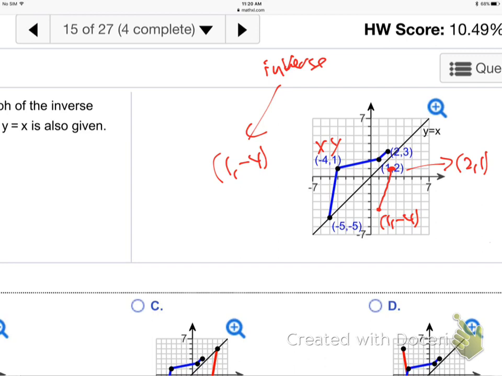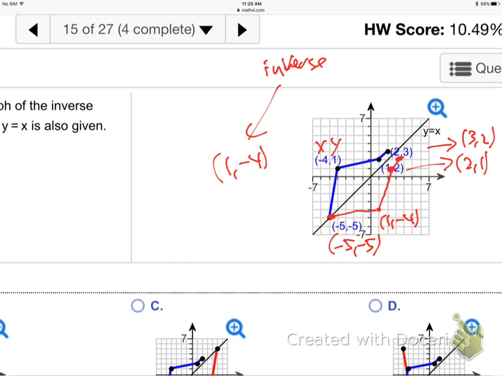See what's happening? Let's take (2, 3), and inverse, it'd be (3, 2). That'd be over 3, up 2. It's right there. See what's happening to the graph? And finally, when you take (-5, -5) and reverse them, nothing changes. So that's the same spot. There it is. See how the inverse graph is just a mirror across the diagonal line?